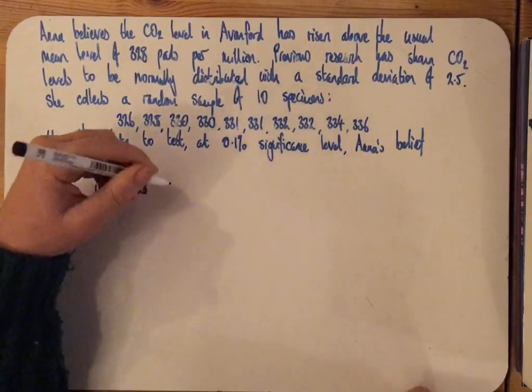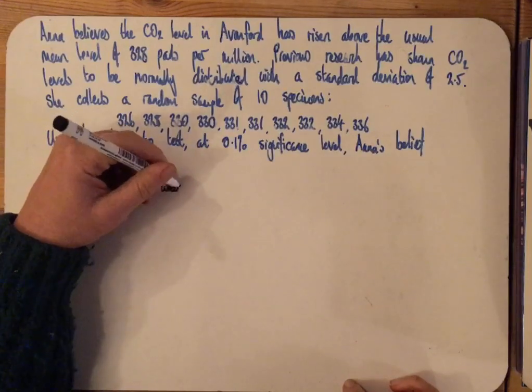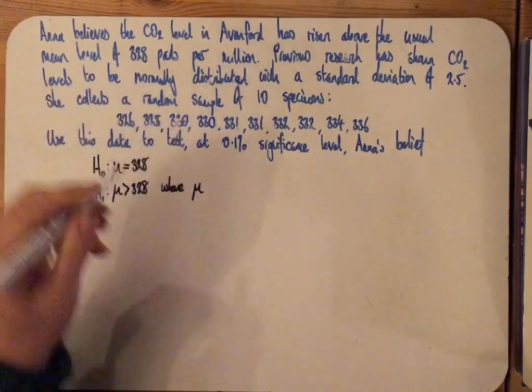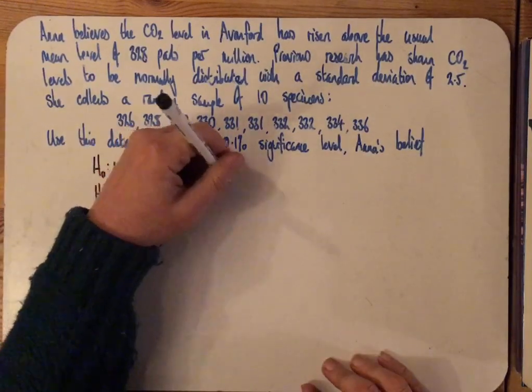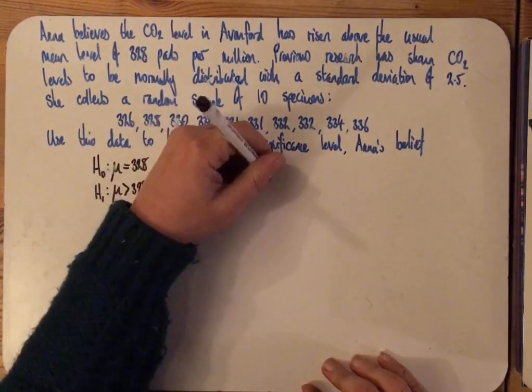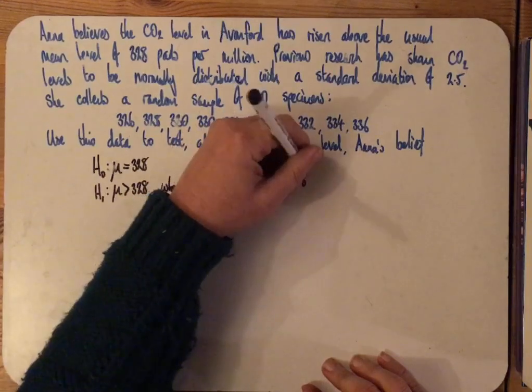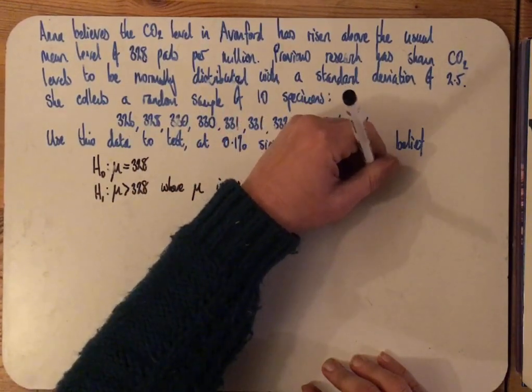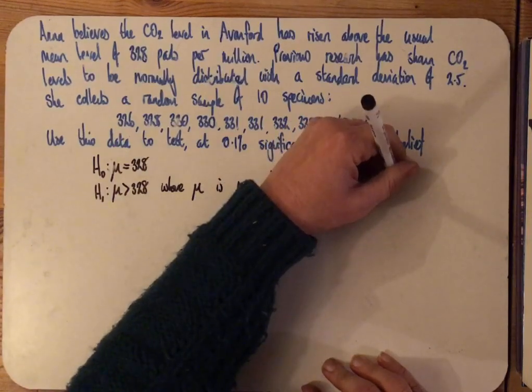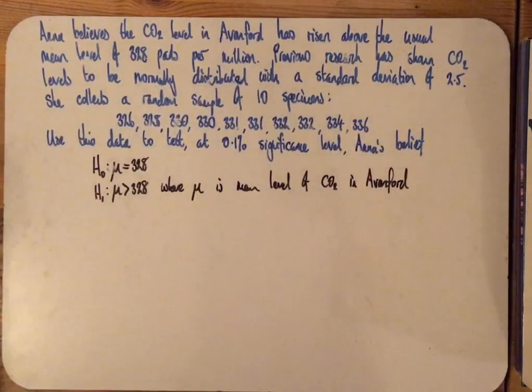I need to check an exam mark scheme, but I'm pretty sure you might have to define your parameter here, where mu is the mean level of carbon dioxide in Avonford. But I'll check that for you.